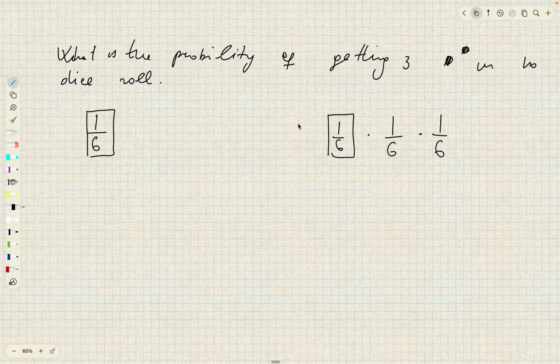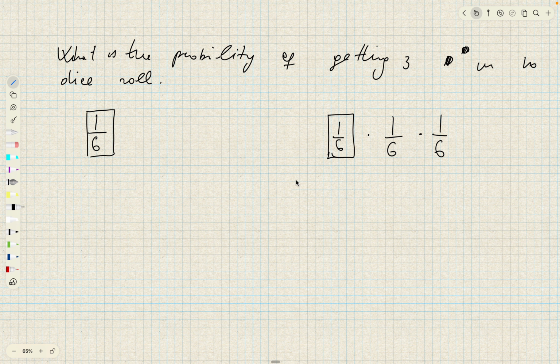So now let's make it a little bit complex. We're saying what is the probability of getting 3 2s in 10 dice roll. As you know, we're getting closer to the original question, but we're not there exactly.